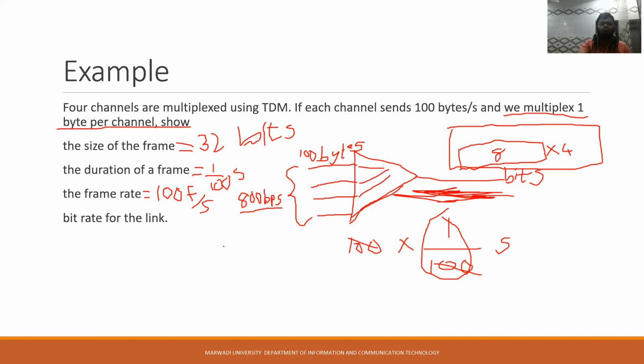So this should be n times 800 bits per second, where n is the number of connections. So 4 times 800 bits per second.